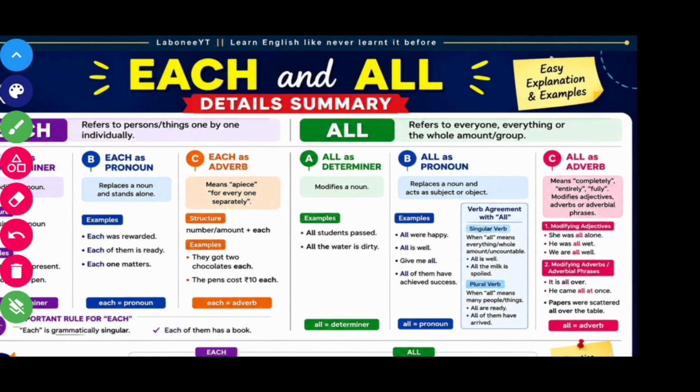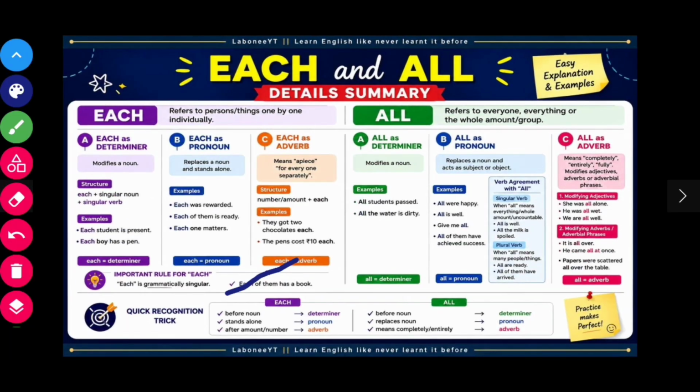So we can take them as uncountable nouns. So this is the main thing, how we should use "all" with singular as well as plural, but in plural we use countable nouns. Yes, definitely, "all" can be used with plural countable nouns as well as singular uncountable nouns. This is what we know so far about "each" as well as "all".